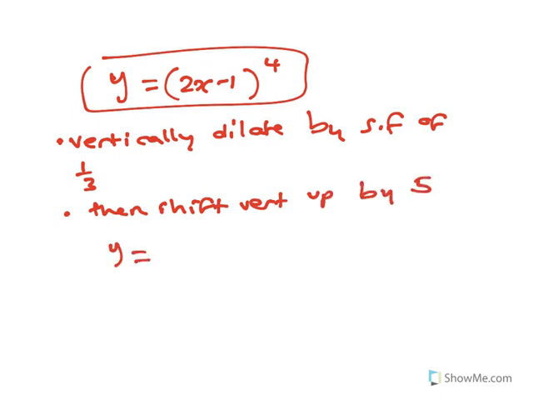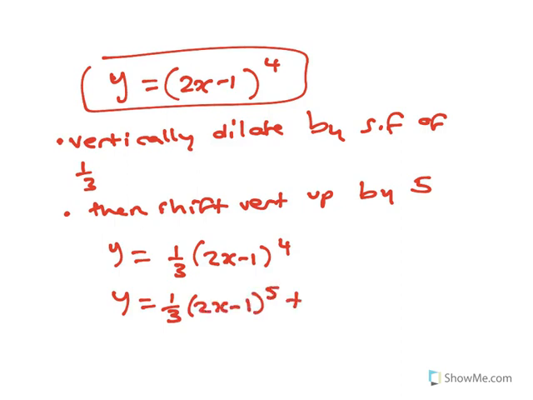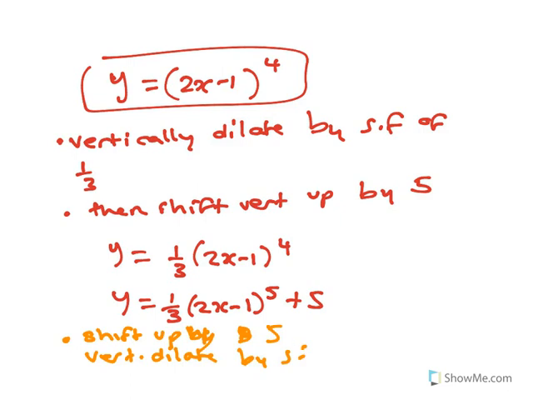So first of all, we're going to do this, and then we're going to shift up by 5. But let's just say we did the same thing in the other order. Would it make any difference? So we're going to shift up by 5, and then we're going to vertically dilate by a scale factor of 1/3.